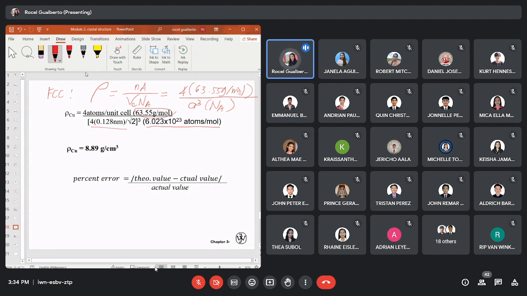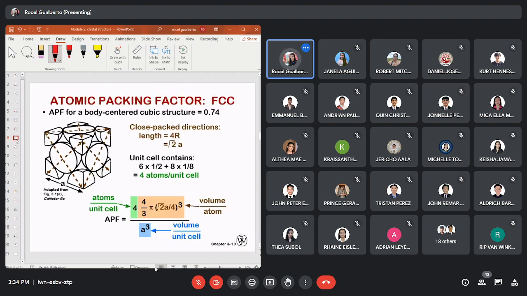Where did the A come from? Coming from our discussion of the FCC, this is our A. We derived it yesterday. We have here R is equal to square root of 2 times A over 4. From this, A is equal to 4R over square root of 2.